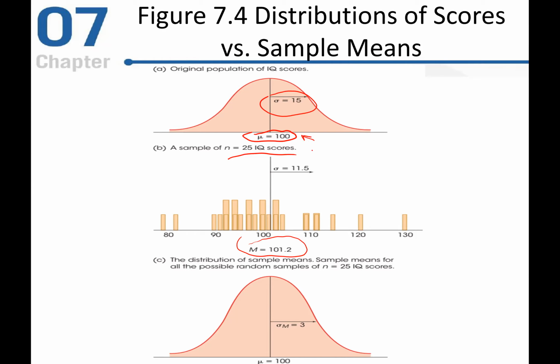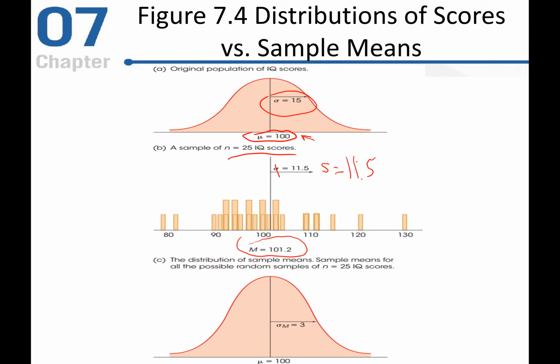And the standard deviation, well, this should really say S. So don't look at that. So the sample standard deviation equals 11.5. So that's what's called sampling error. Samples are going to be different from the populations that they came from.